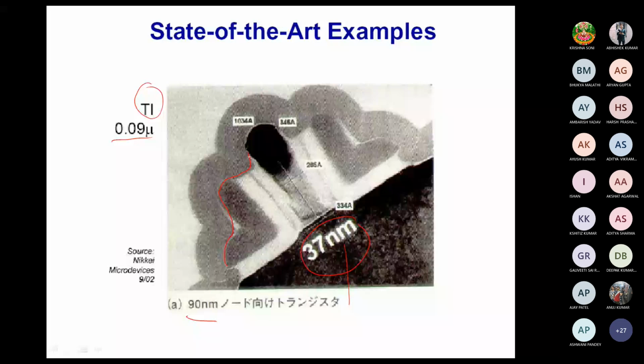These thick regions may be of oxide, and here the main region is not fully oxide. On one side it may be source, on the other side it may be drain, and in the middle it is channel. Okay, 37 nanometer. So the physical thickness may be different as represented by this technology node.